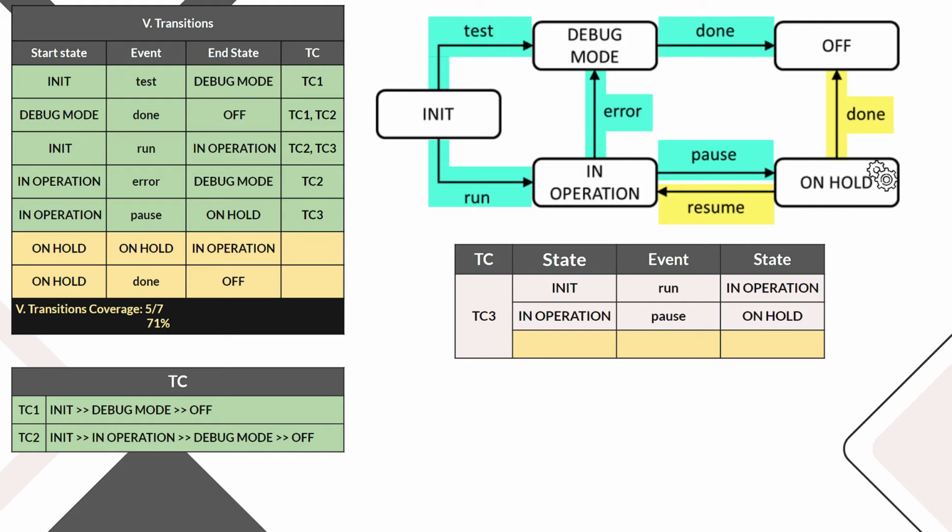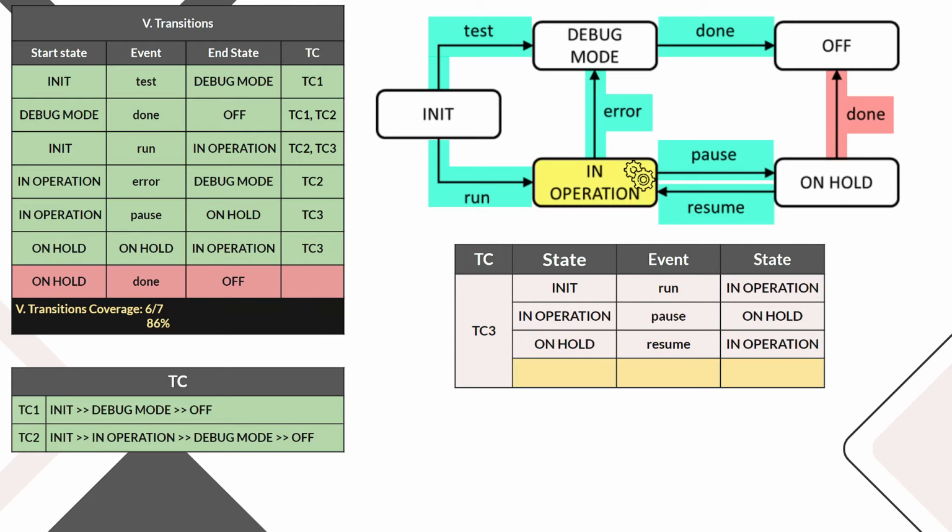We always try to cover as many valid transitions as possible with one test, so instead of going into the off state, we will cover the third step of the transition from the on hold state to the in operation state with the resume event. Thus, 6 out of 7 transitions will be covered by the tests. As a result of the third step of the test case, the system is in the operation state.